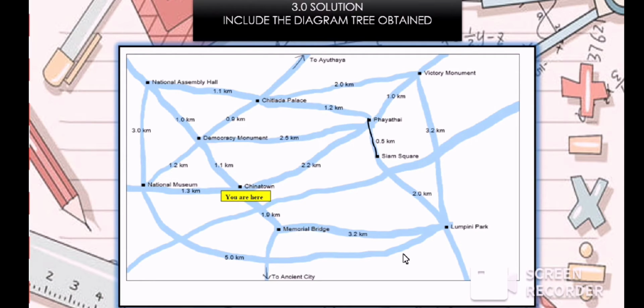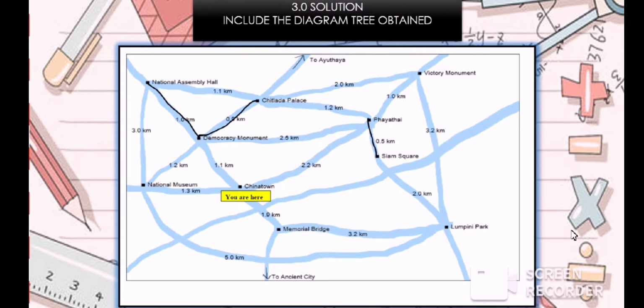The second edge is Democracy Monument to Chitiada Palace. The weight is 0.9 km. The third edge is Democracy Monument to National Assembly Hall. The weight is 1.0 km. The fourth edge is Payathai to Victory Monument.